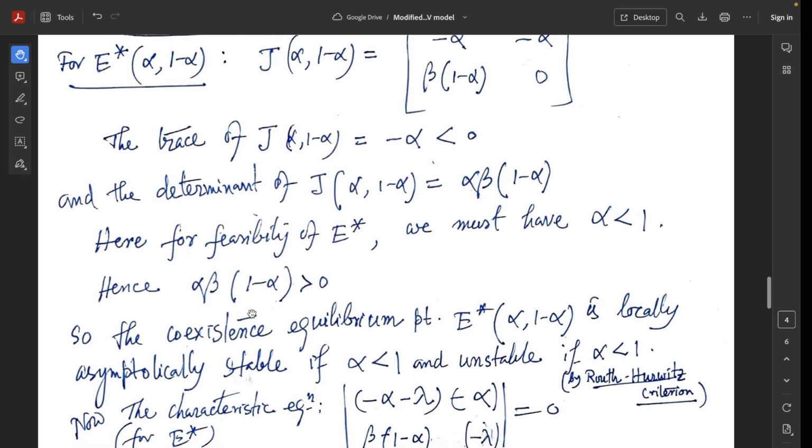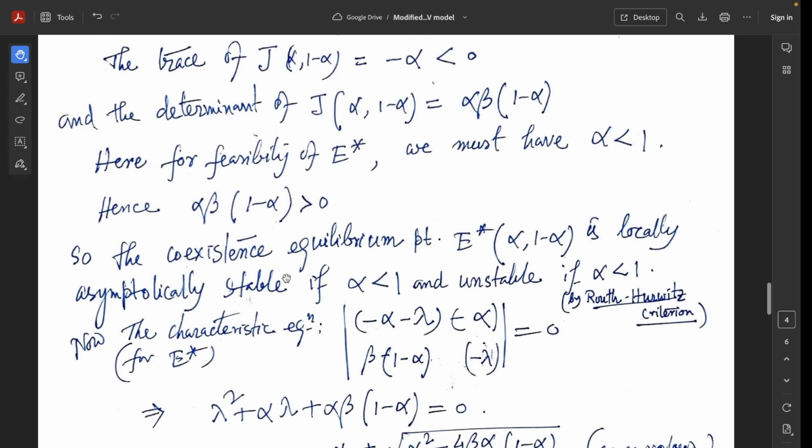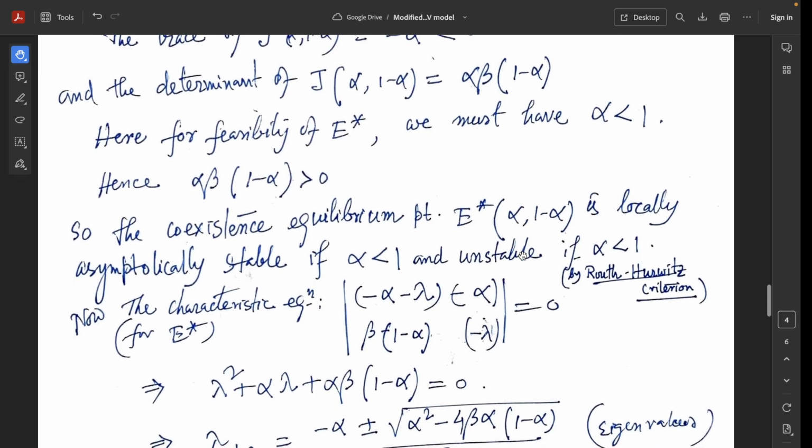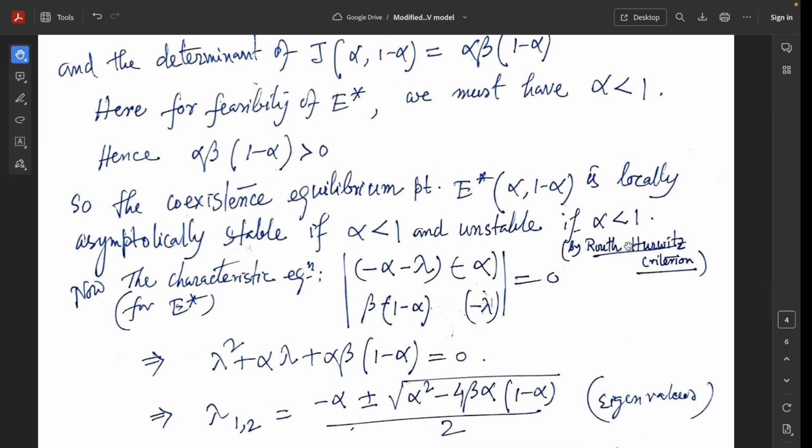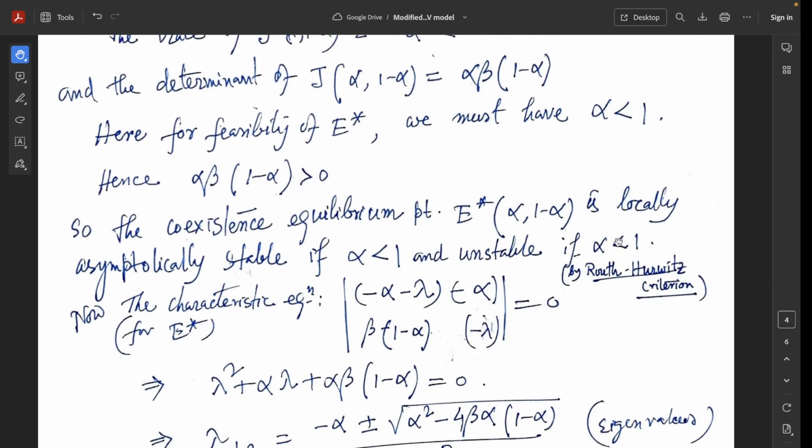Hence alpha beta(1 minus alpha) is greater than 0, because alpha is less than 1, so 1 minus alpha is greater than 0, and alpha beta is a positive quantity. So the trace is negative, but the determinant is greater than 0. So the coexistence equilibrium point E star is locally asymptotically stable if alpha is less than 1, and unstable if alpha is greater than 1.